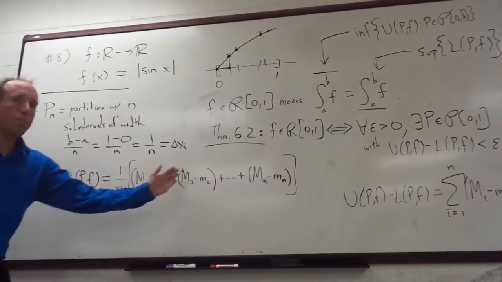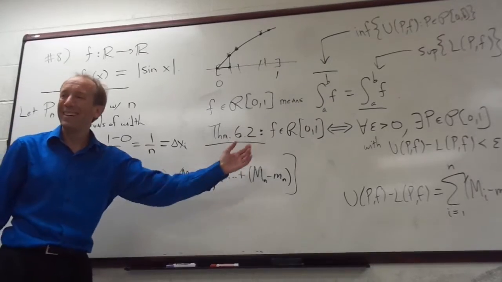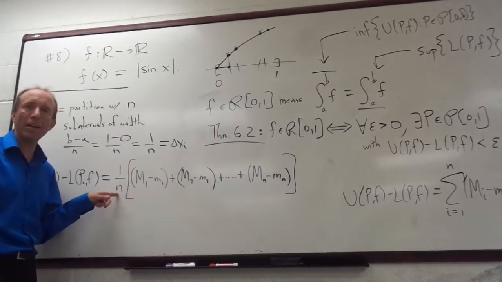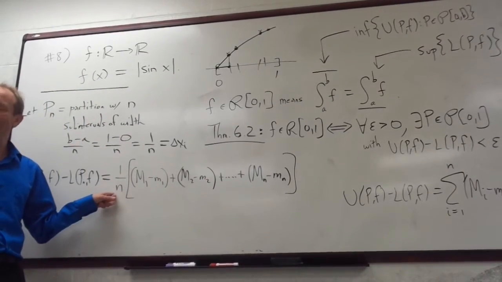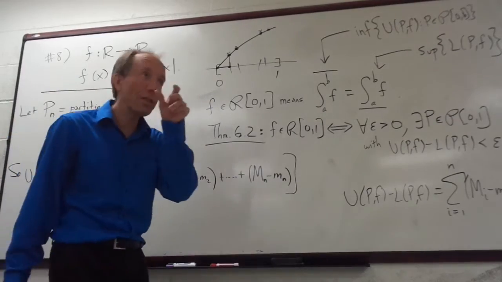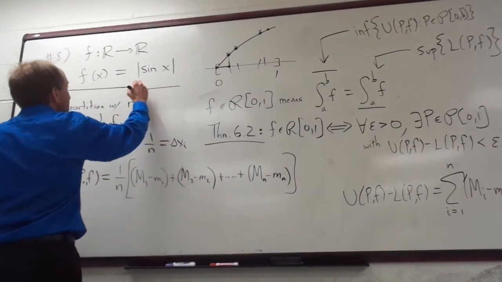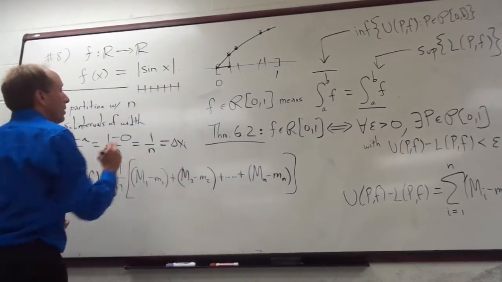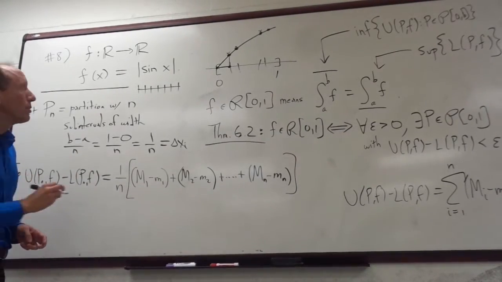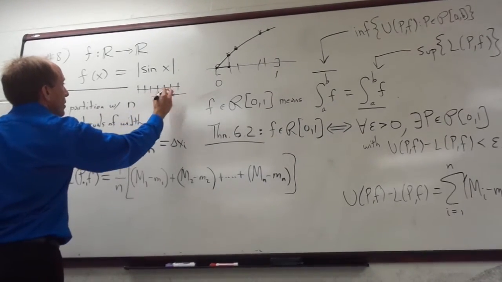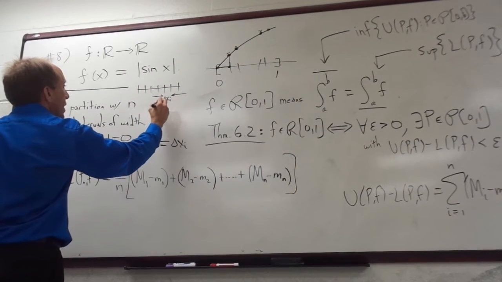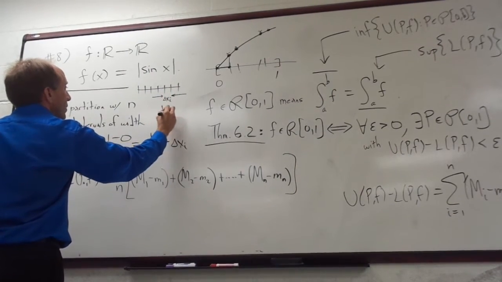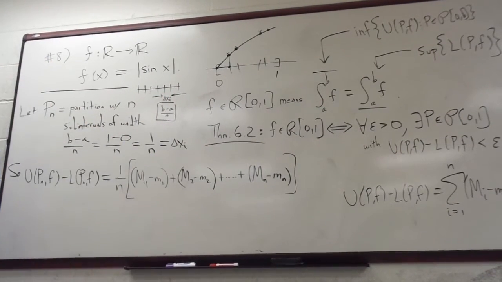All of the delta xi's have been factored out as the same number for each subinterval, because our subintervals are equally spaced. Every single one of these intervals, delta xi, is of width b minus a over n.